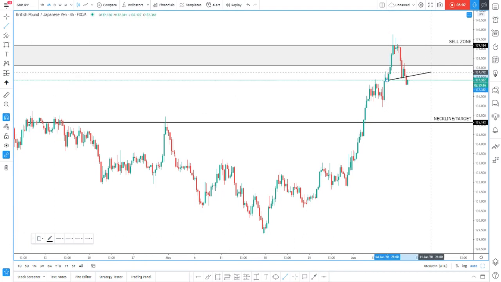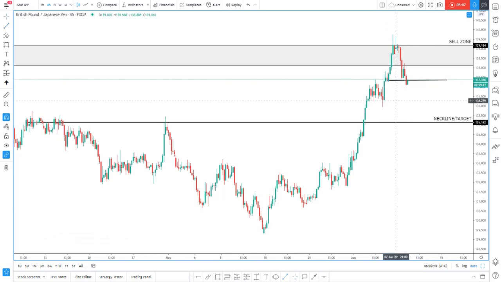This last level of structure has been broken, and now price is currently retesting it.